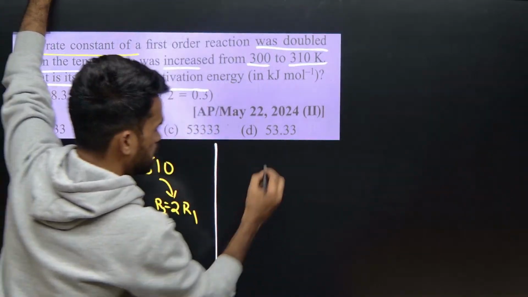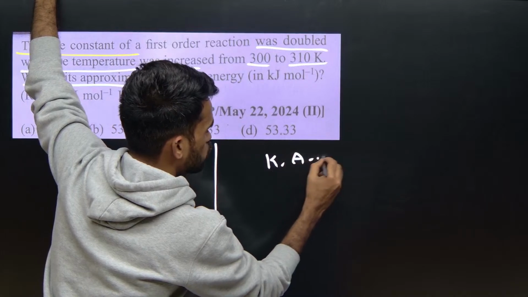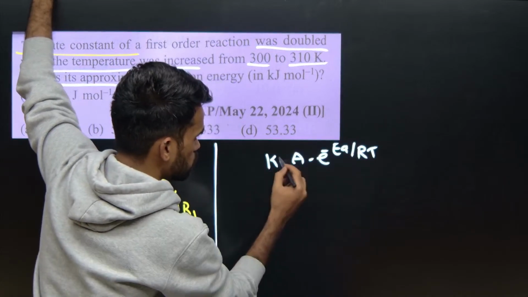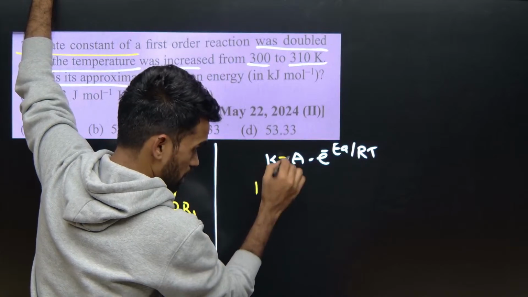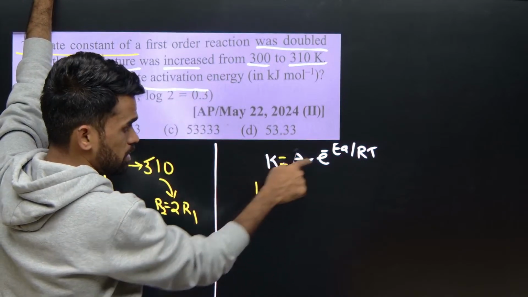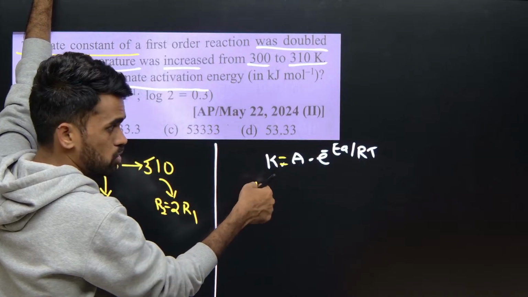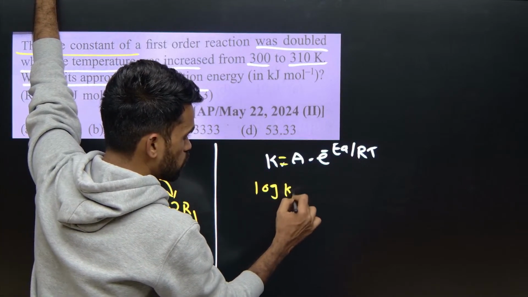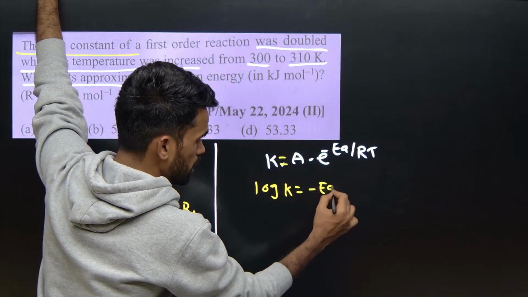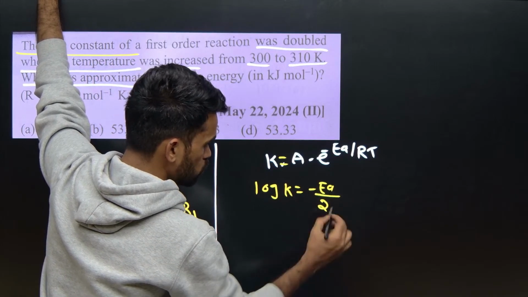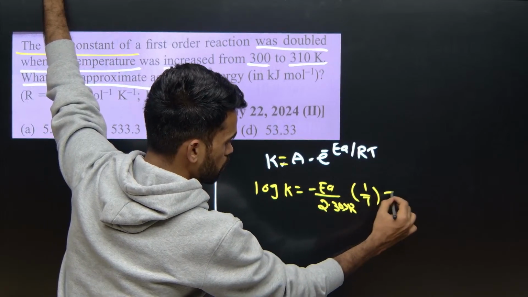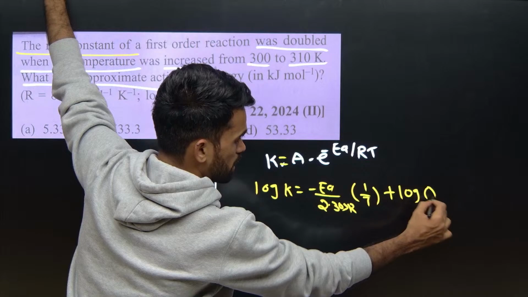We write K equals A e to the power minus EA by RT. From this, we bring A to this side, then the exponential term becomes ln, and finally we get log K equals minus EA by 2.303 RT plus log A. This is the final equation we got.